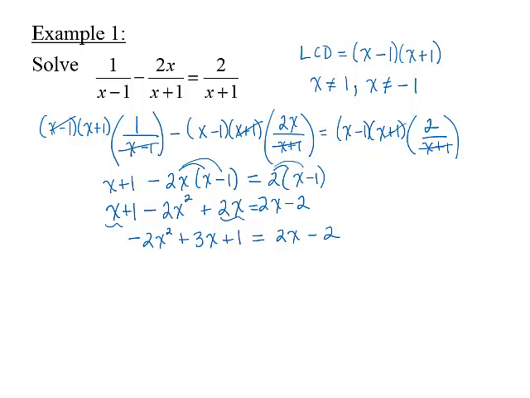We notice this is a quadratic equation that we must set to 0 and try to solve by factoring. Because we have a negative 2x squared on the left, we will add the 2x squared to the right to get the left side 0 and the right side the quadratic. So we will add 2x squared to each side, subtract 3x, and subtract 1.